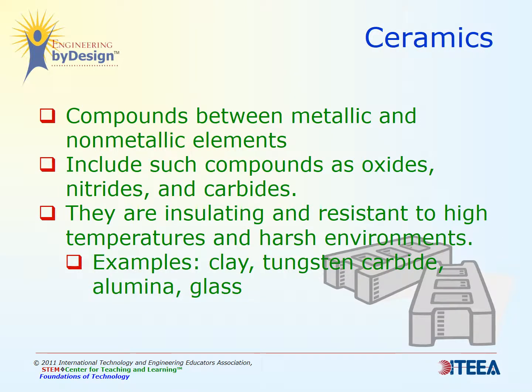Now, ceramics. They're compounds between metal and non metallic elements. They include things like oxides, nitrides, and carbides. So you're going to get a combination of oxygen, nitrogen, and carbon. They're insulating and they're resistant to high temperatures and harsh environments.